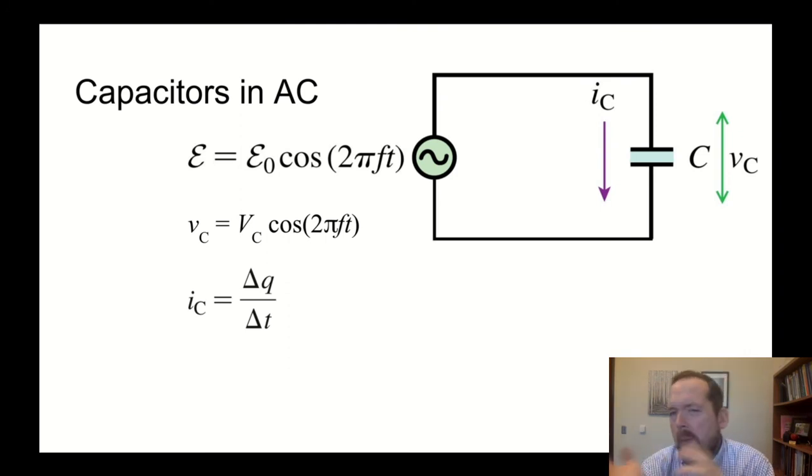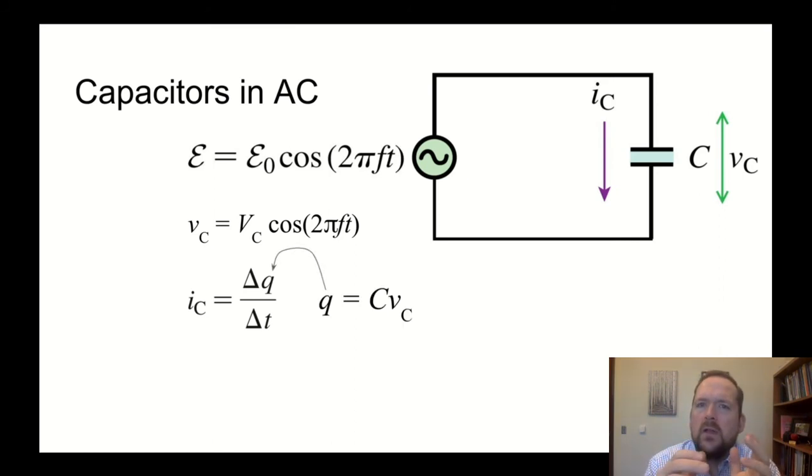Recall that way back we said current was a flow of charge per time, or a change in the amount of charge that's passing some observation point per time. And that capacitance was defined to be the ratio of charge to voltage.